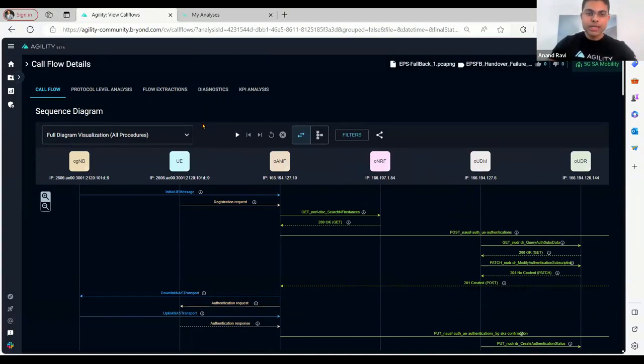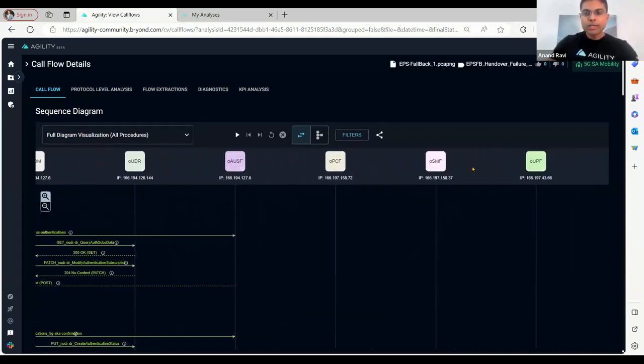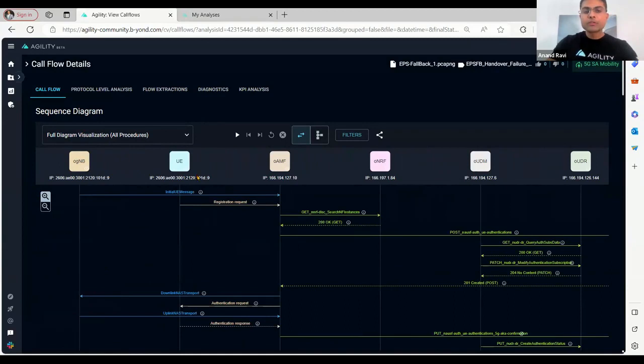Now, this sequence diagram is an interactive sequence diagram. The first thing is it automatically builds the topology by mapping the IPs, which means, as you see, each IP has been mapped to a network function across the 5G domain and across the 4G domain as well. So in this case, I really don't have to rely on a host IP mapping file to look at which network function an IP belongs to, right?